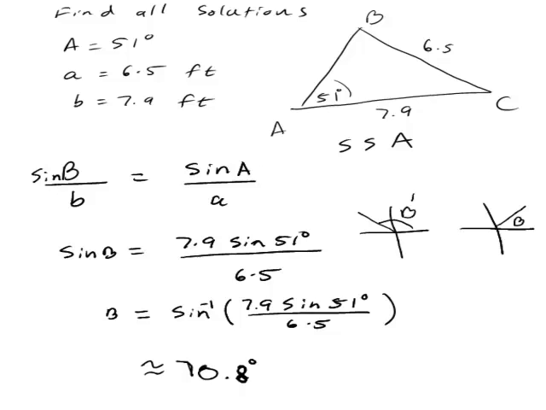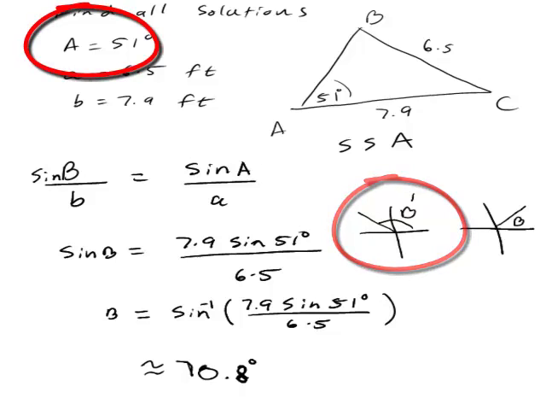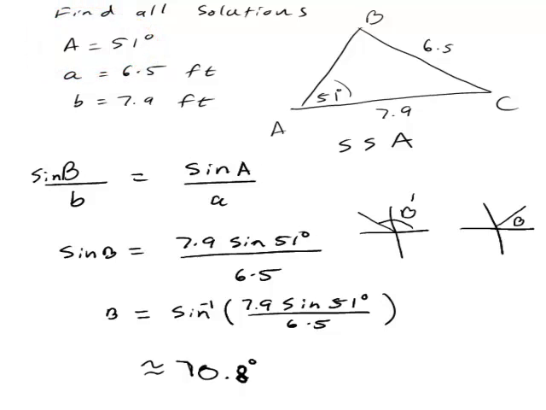Both of these angles are very possible because they are within 180, meaning that if I found the first angle and added it to the given angle A, then that would leave some room for a third angle that would add up to 180 for a total. Same thing with possibly angle B prime. If I take B prime added to A, hopefully there's some left over for an angle C to create a second triangle. So this is how we get two possibilities.